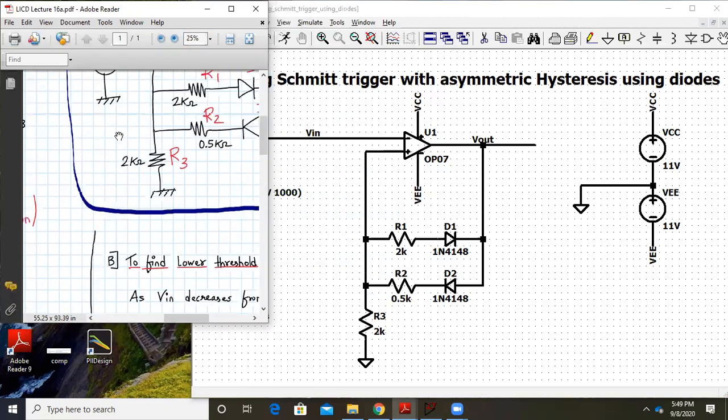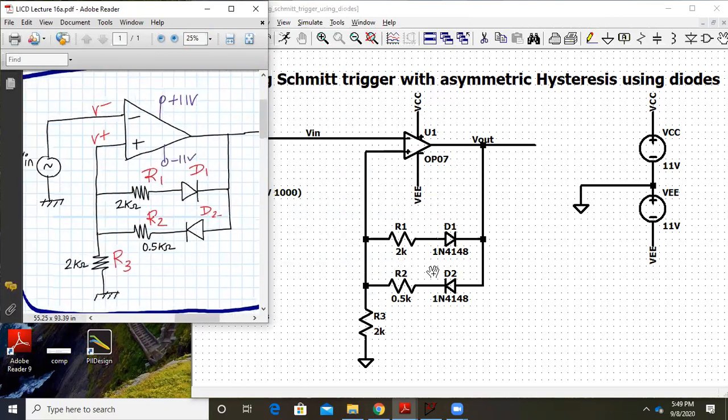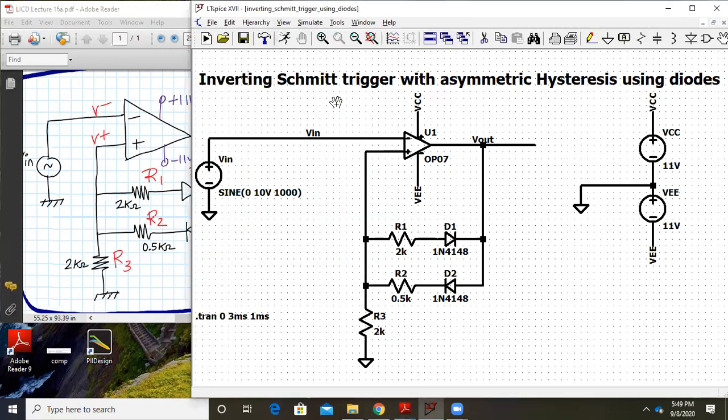So as you can see, my circuit diagram contains D1, R1, R2, D2, R3, and my V in basically, and my supply voltage is plus or minus 11. Here we have considered OP07, which is an operational amplifier, and Vin is given as 10 volt peak, 1000 hertz frequency. Okay, so now we can check the output of this.